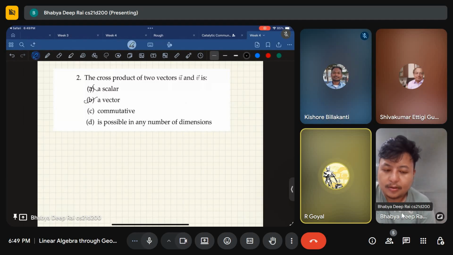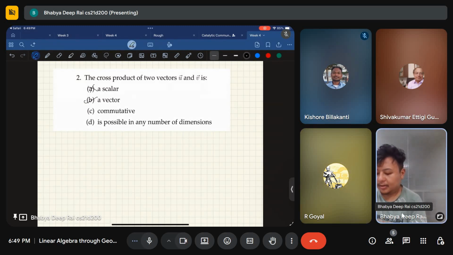Because we have the inner product as well, and that would mean I take the transpose of U and then take the product with V. So there is a particular formula for the cross product, Koel. There are quite a few formulas, but this is one way to do it.